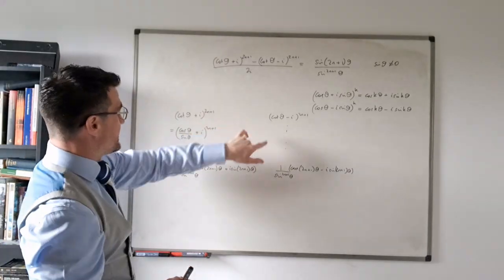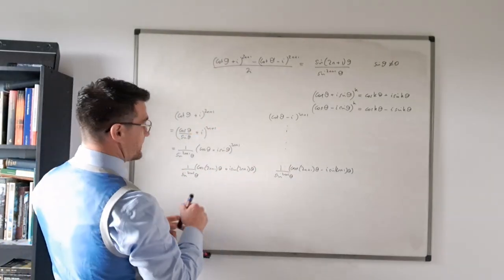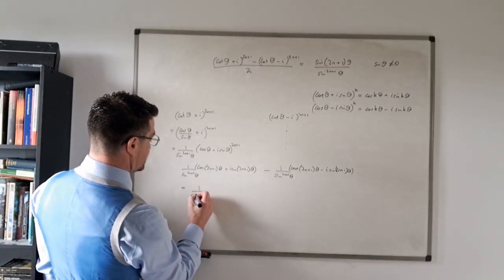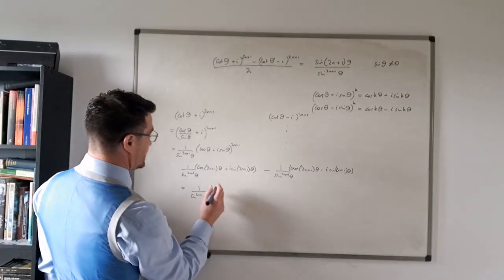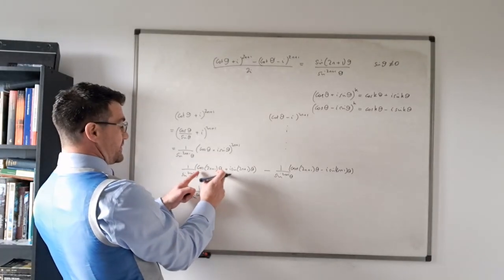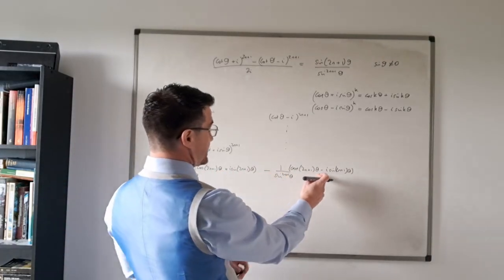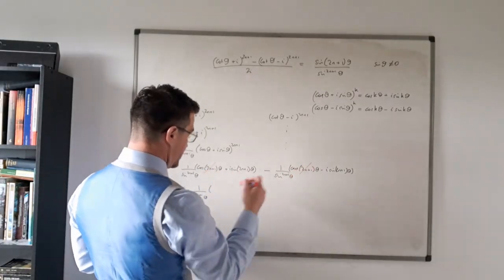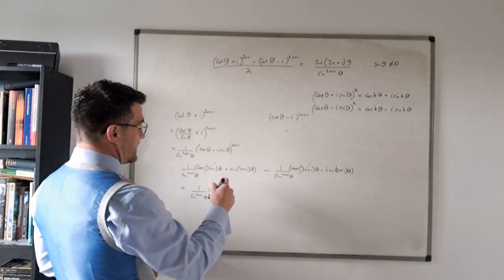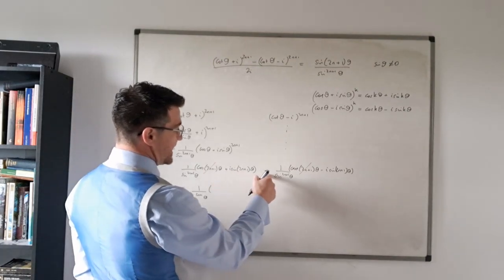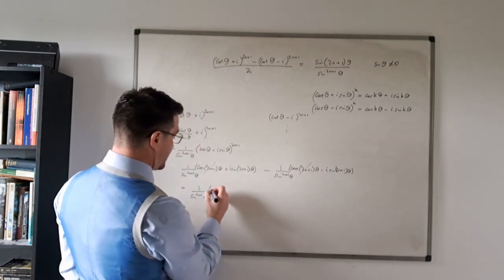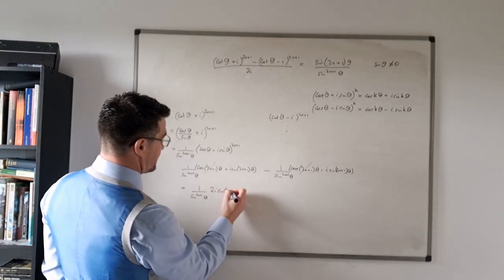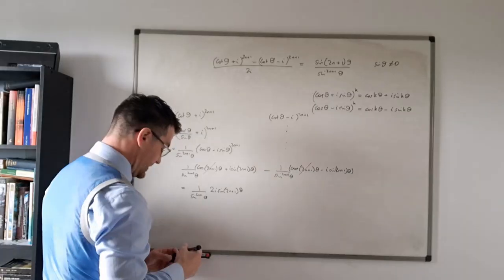So this take away this is the same as this take away this, which is going to be 1 over sine to the power of 2n plus 1 theta, cos 2n plus 1 theta minus cos 2n plus 1 theta, 0. That's a nice little bit of cancelling that we can do there. i sine 2n plus 1 theta minus minus i sine 2n plus 1 theta is going to be 2i sine 2n plus 1 theta.